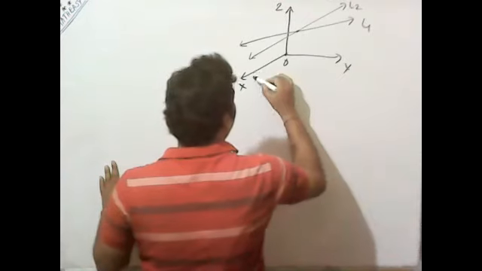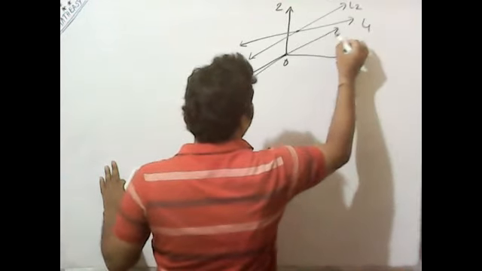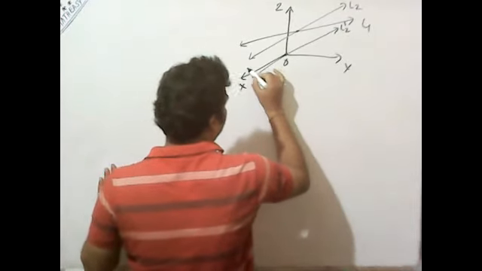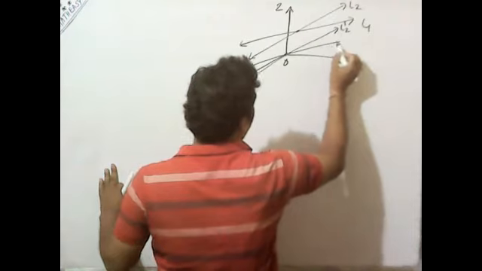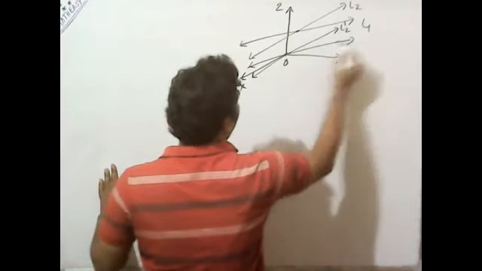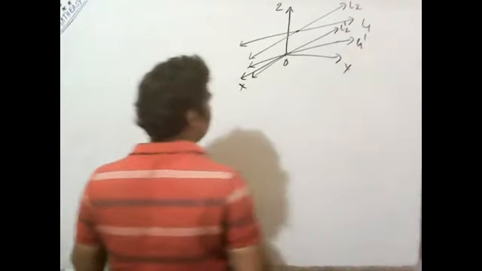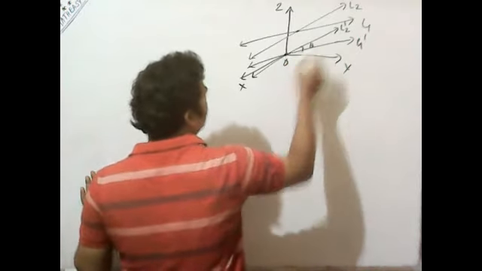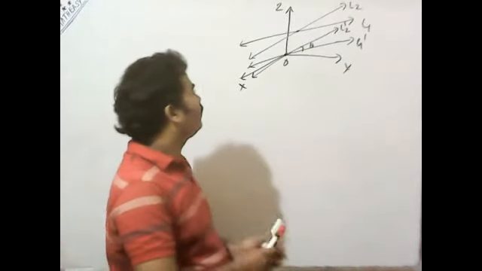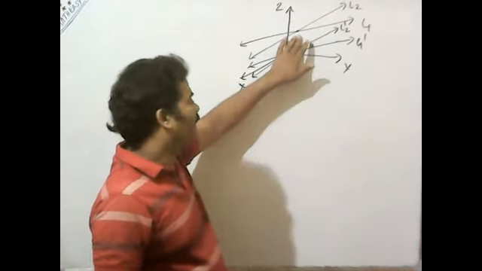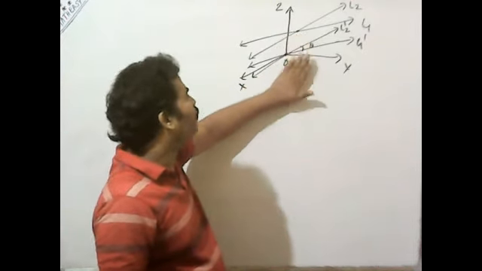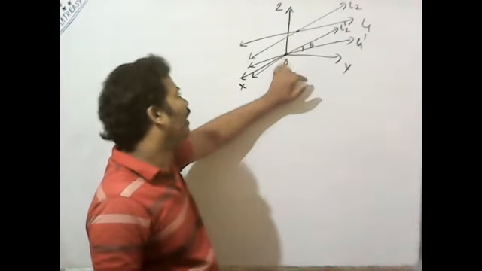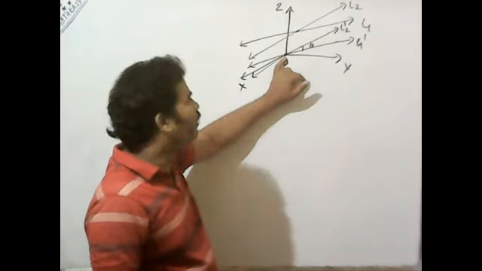Then we have to draw a parallel line L2 dash, and another parallel line L1 dash. That means the two lines are passing through the origin. Now, whatever lines are given, we take two parallel lines which are passing through the origin.